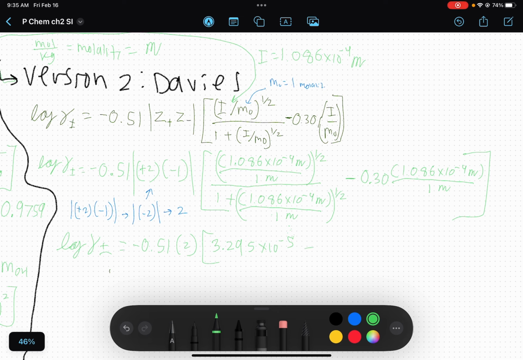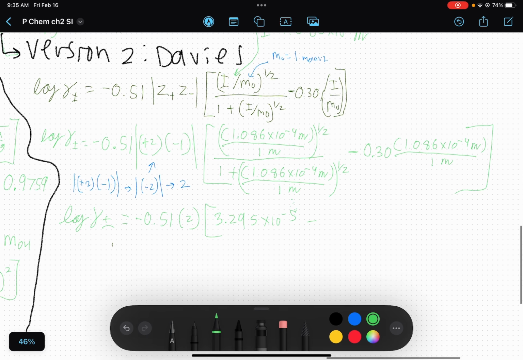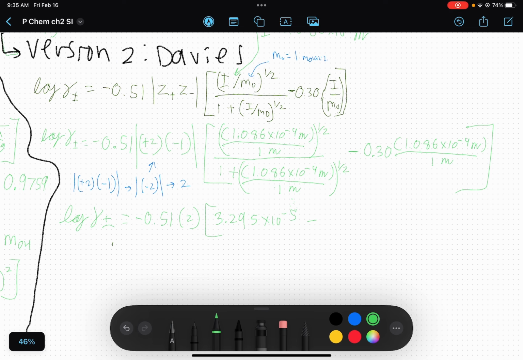And then that's going to be minus, minus 0.3 times 1.086 10 to the negative 9. I'm gonna write it down here because I'm just plugging everything in all at once. And then times negative 0.51 times 2.